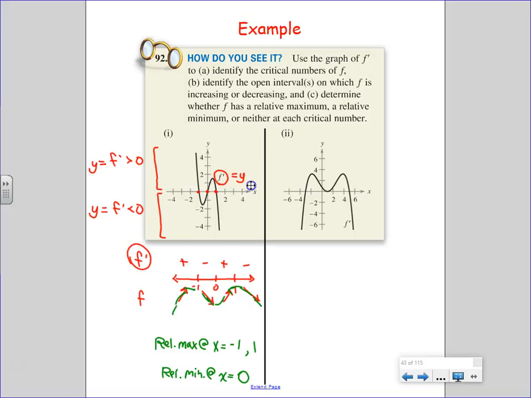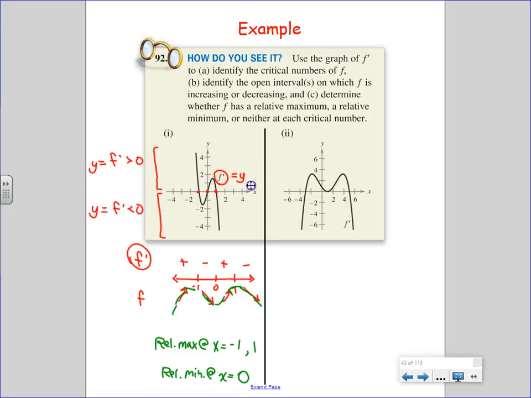What's f prime equal to? What is the y equal to at negative 1? 0. He's an x-intercept. So I can take the zeros of the derivative and put them in as my critical numbers. The zeros of the derivative are the critical numbers in my sign chart. Not the maximums and minimums. I'm not looking at f. I'm looking at f prime. His zeros go in my sign chart.